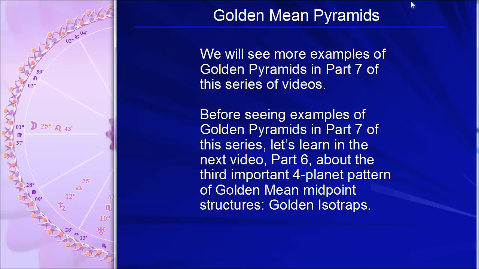It's quite fascinating. And from my analysis of this, I believe that these are the only 3. Maybe I've missed something or overlooked something, but I'm pretty sure I've got this right. These very 3 special ways that 4 points can be arranged. And I believe they have a tremendous importance in astrology.